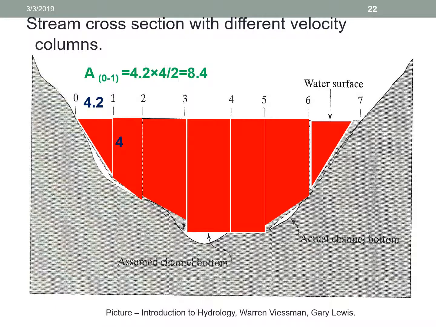For a triangle, we know it's base times height divided by 2, so 4.2 times 4 divided by 2 will be 8.4, that is for the first area. And then we plug in the area inside these red areas: from 0 to 1 is area 1, that will be 8.4.